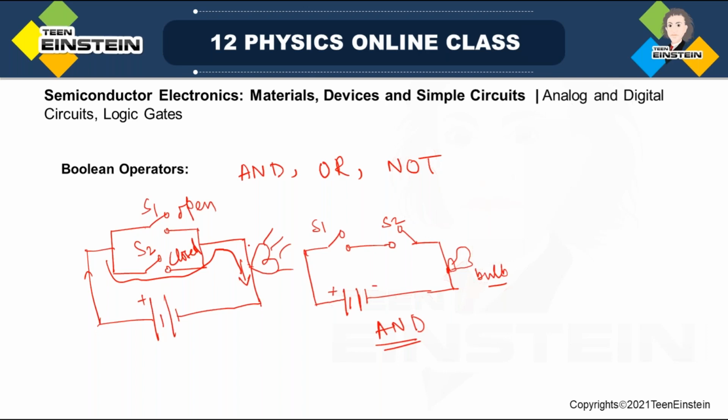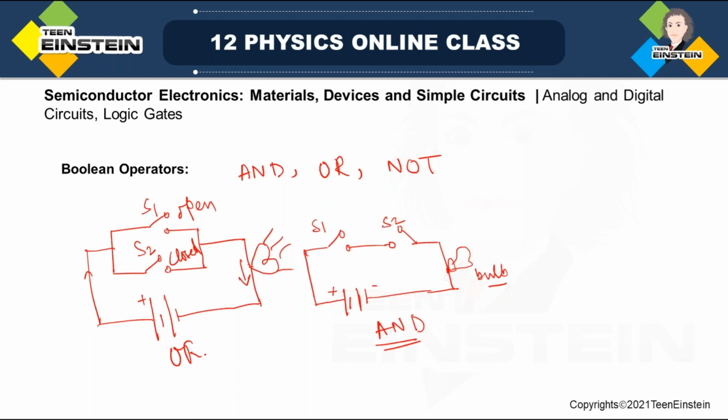So in both cases, you see that the bulb will glow. So this is called the OR operation. In the OR operation, it somewhat means addition. And the AND operation, somewhat it is multiplication. Those things we will see. Like this is the OR operator.